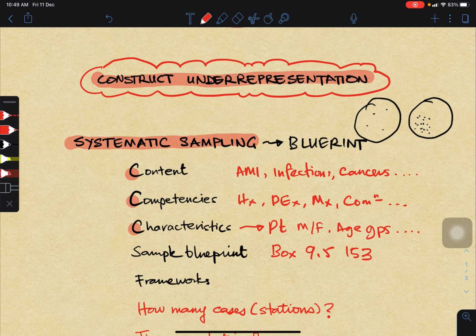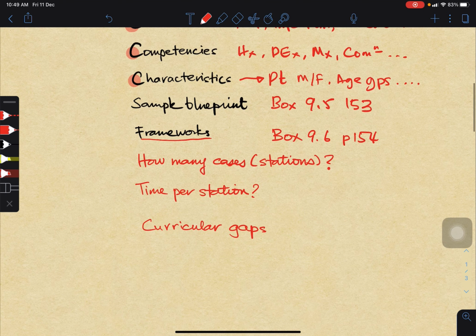You might have your own content and competencies based on your school and your learning outcomes, but there are frameworks that we can refer to, and these frameworks are given in box 9.6, which is page 154. So have a look at these, and a few interesting things that you can find, especially in the table as well as in the discussion.